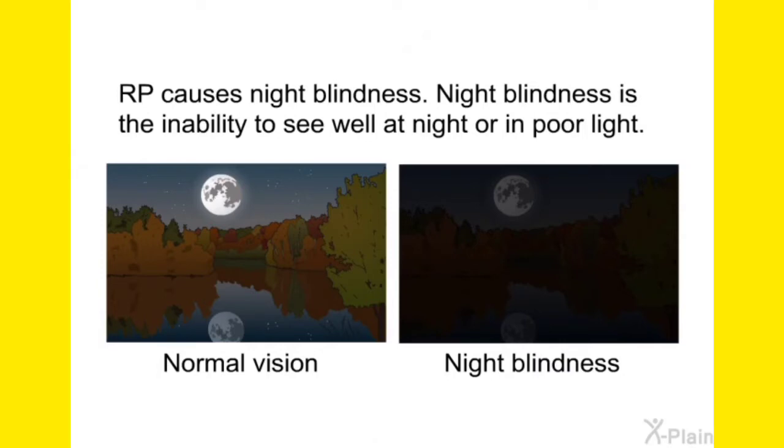You can see the right side picture, how things look in night blindness in the retinitis pigmentosa condition. So Usher syndrome patients have retinitis pigmentosa, which can lead to night blindness, an inability to see well at night and in poor light.